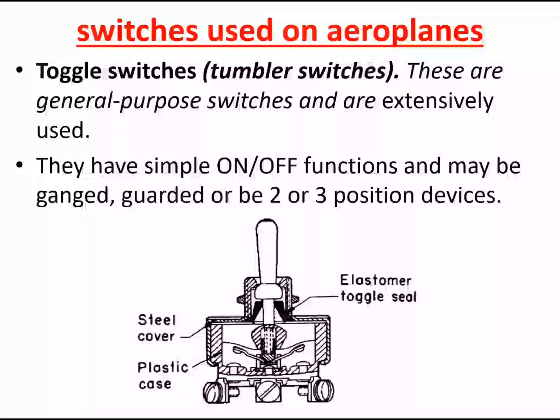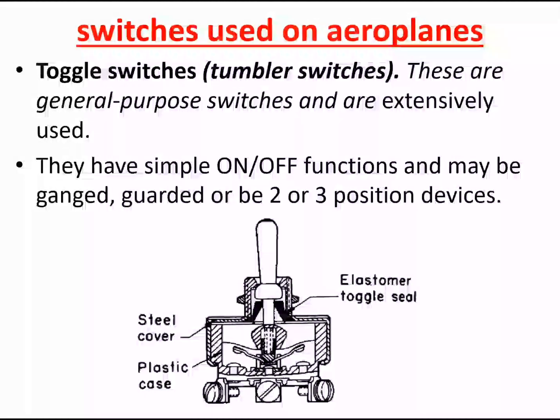Switches used in the aeroplane. Number one, toggle switches. These are general purpose switches and extensively used. They are simple, with an on and off function, and may be ganged or guarded to be two or three position devices.